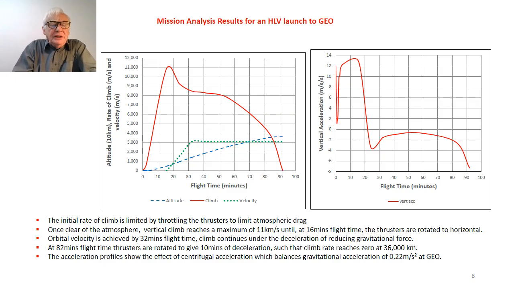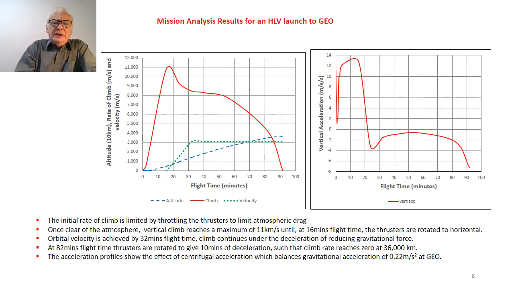If we look at the rate of climb plot, which is the red plot, you can see that the initial rate of climb is very low, and you do this by throttling the thrusters right back to limit the atmospheric drag.